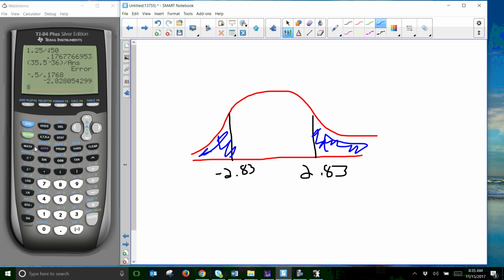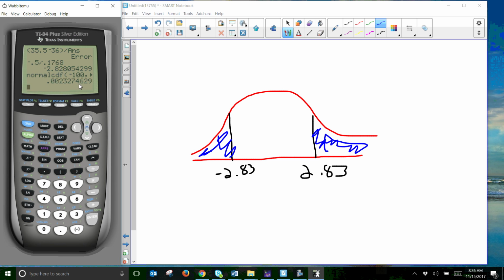So if I come over here, I do 2nd VARS, and I'll do normalcdf, and I can use negative 100 for my lower bound, and negative 2.83 for my upper bound, and it's standardized, so 0 and 1 is the mean and standard deviation.